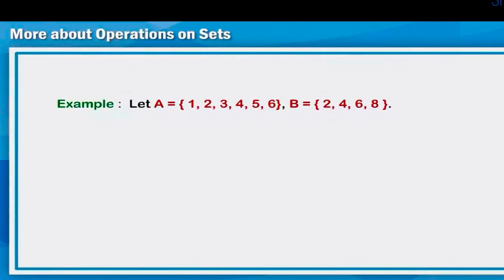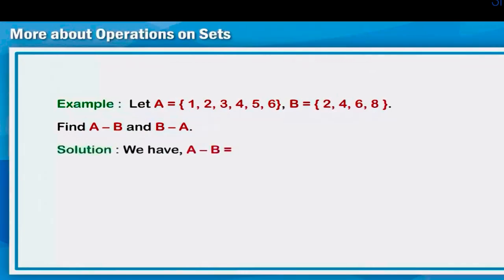Let's understand this concept with the help of an example. Let A = {1, 2, 3, 4, 5, 6} and B = {2, 4, 6, 8}. Find A minus B and B minus A. Solution.